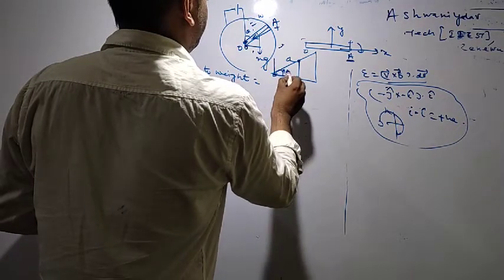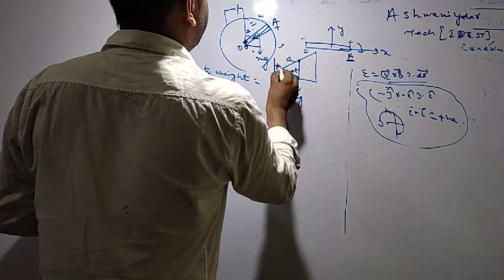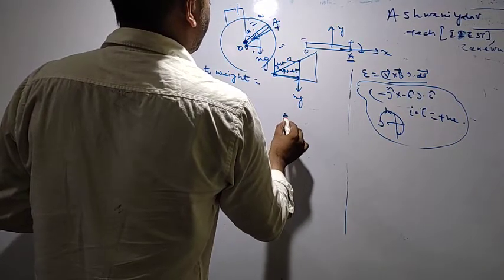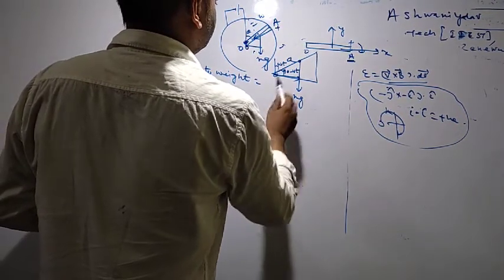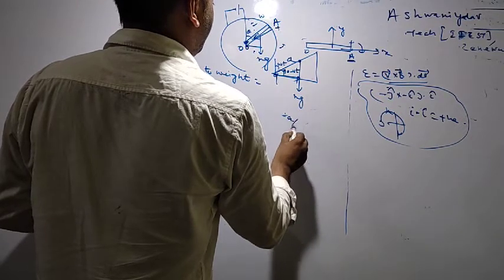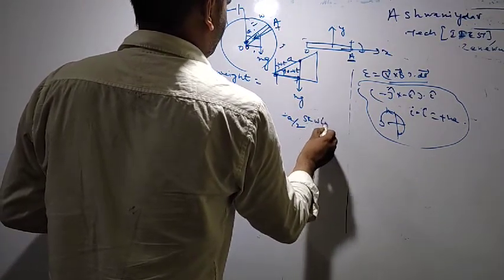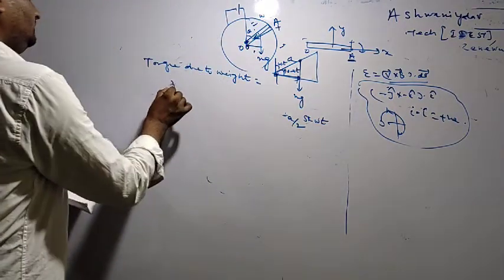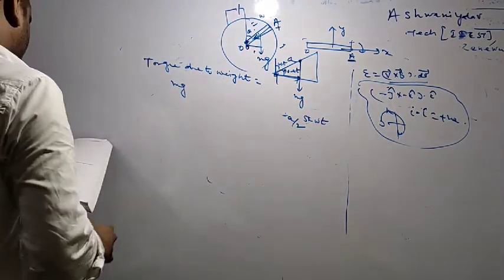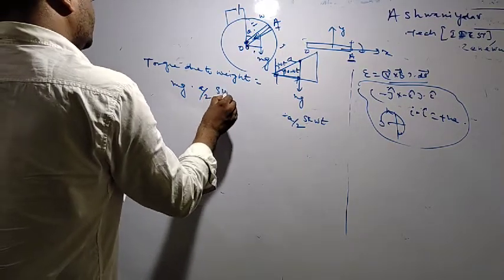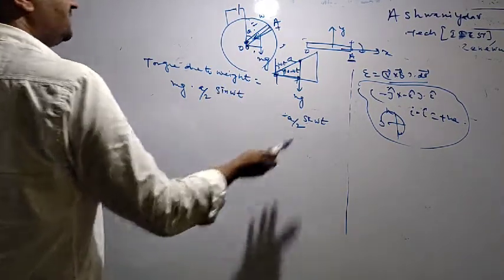This is 90 minus omega t, as this is omega t. So we have the torque distance, this distance is a by 2 sine omega t. So we have force and the perpendicular distance is a by 2 sine omega t. We know what the torque is.